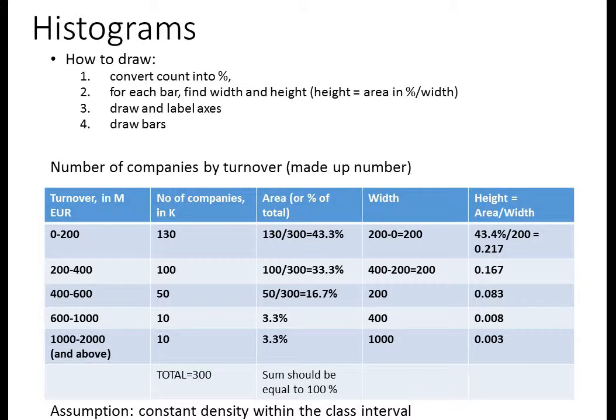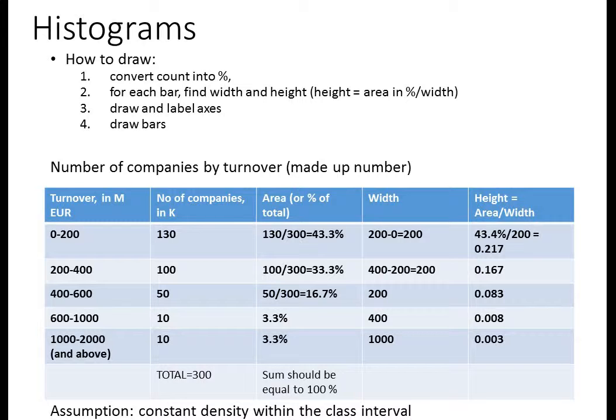If we think about the units, we will understand that height is a measure of density, and the unit of this measure in our case is percentage per million. By comparing values in column 5, you also see that there are more companies within our first interval than in the following interval.